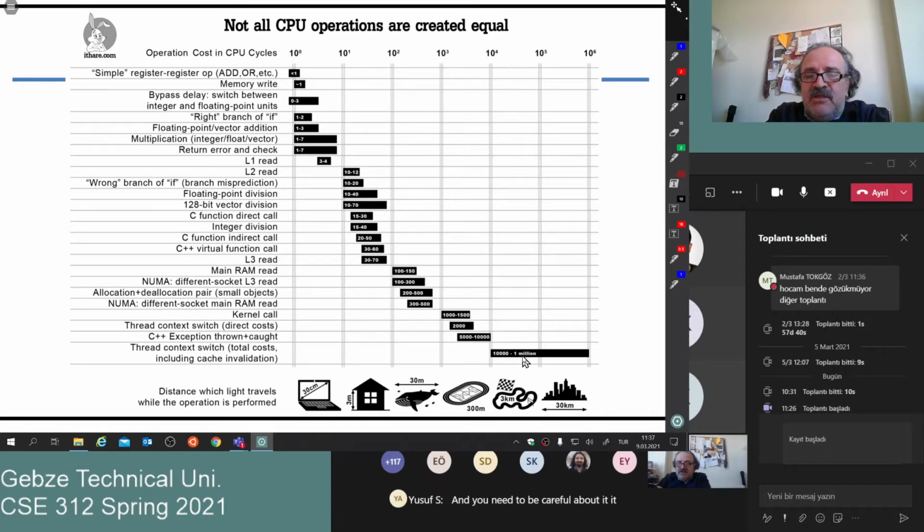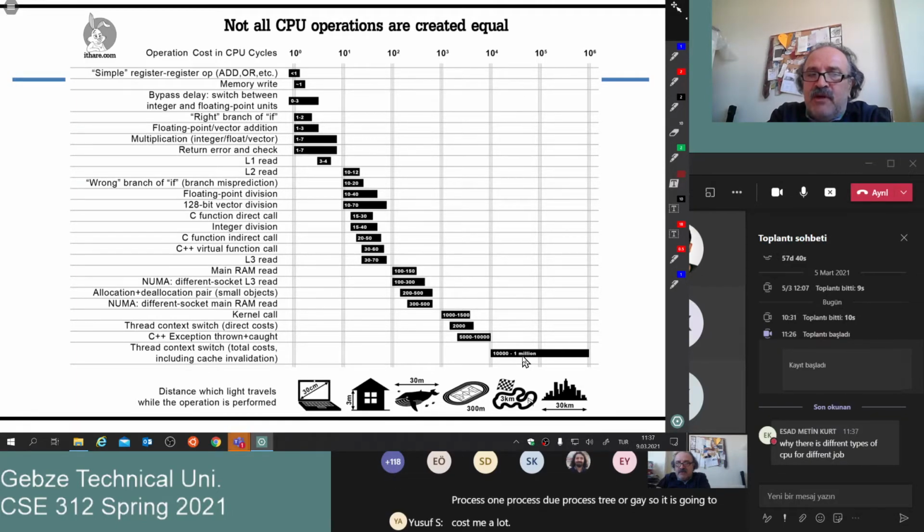So it is better to run the same process for a longer time. But this time, what's up? If I switch too often between processes, process 1, process 2, process 3, it is going to cost me a lot in terms of context switch costs.